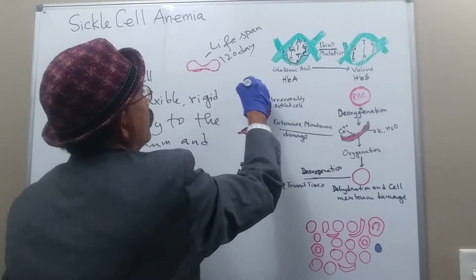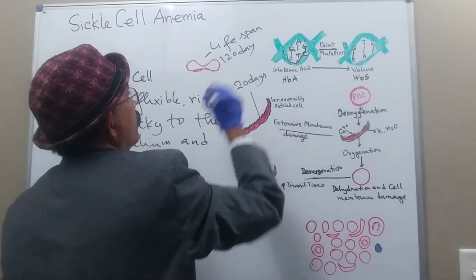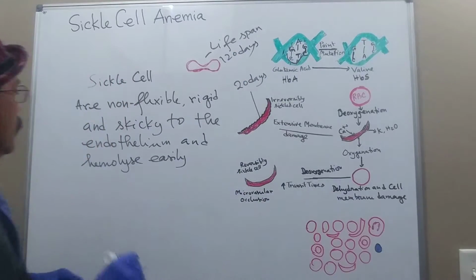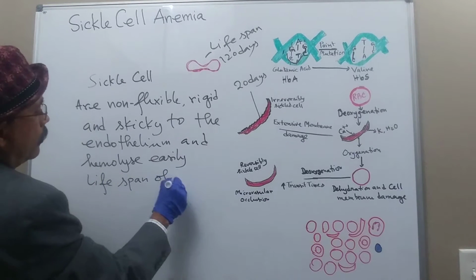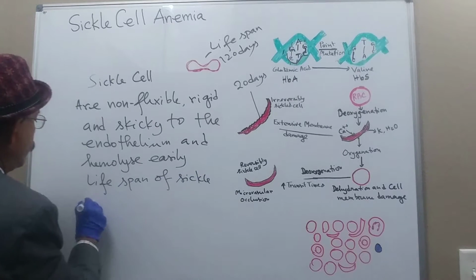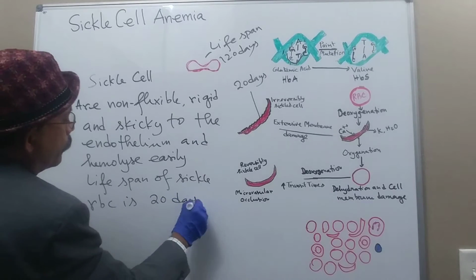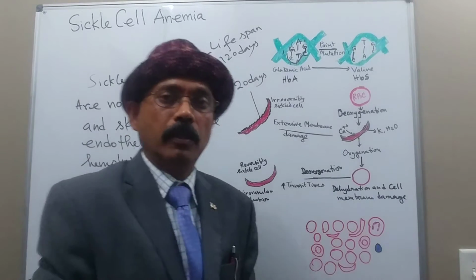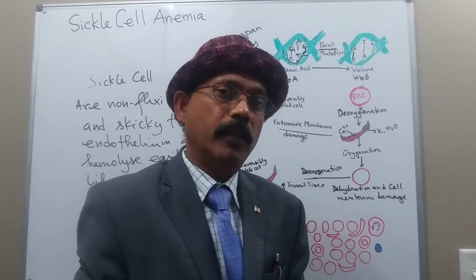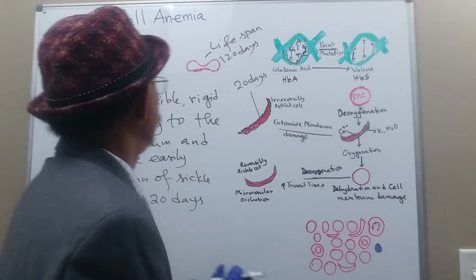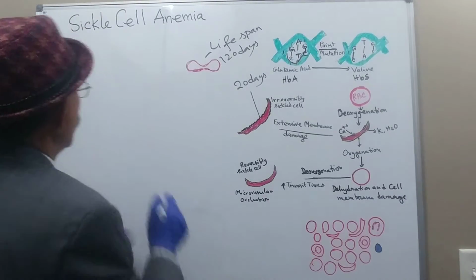Here the lifespan of sickle RBC is only around 20 days, and when it goes to the spleen, it is easily taken up by the mononuclear phagocytic cells. There will be hemolysis, and because there is more hemolysis, there will be anemia.